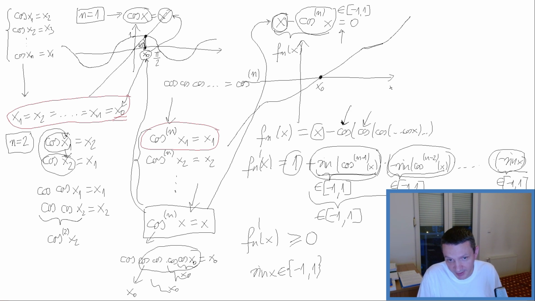So this derivative is actually greater than 0 except in a discrete number of points. In only a discrete number of points it can be equal to 0. So this means that it is indeed strictly increasing, and we have just proved what we claimed.